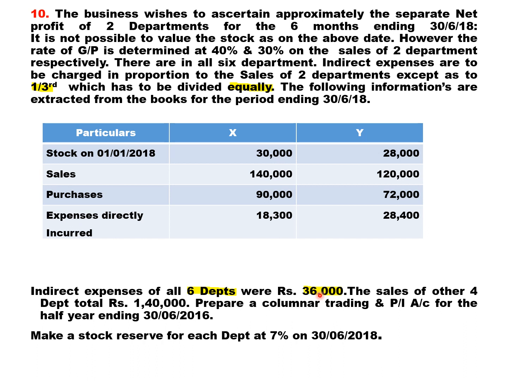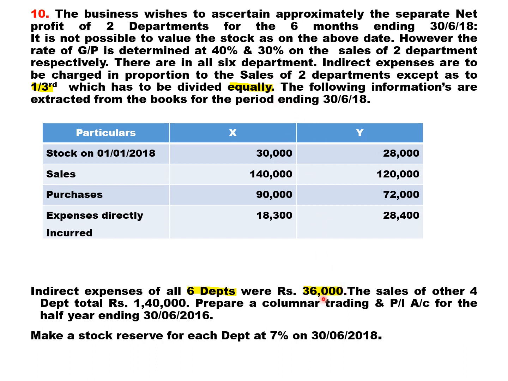So what do you do, students? Divide 36,000 into 2 parts. 1/3 of 36,000 to be distributed equally, and 2/3 of 36,000 to be distributed in sales ratio.